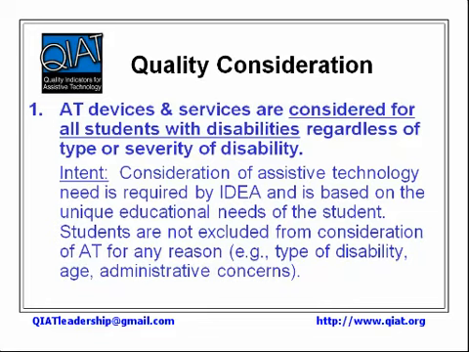Just last year, a friend of mine, who's a parent of a 12-year-old son with a severe disability in reading, requested during the IEP meeting that AT be considered for her son. And she was told in a really patronizing manner that her son isn't blind and didn't need a wheelchair, so he doesn't need assistive technology. Unfortunately, misinformation like this can cause an IEP team to lack the clarity about the right to assistive technology.